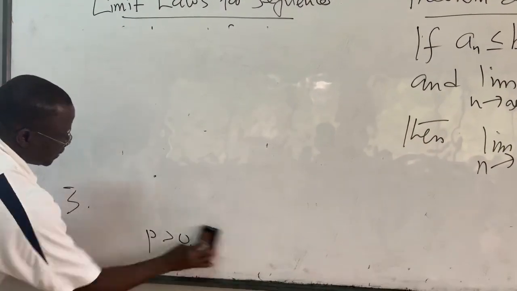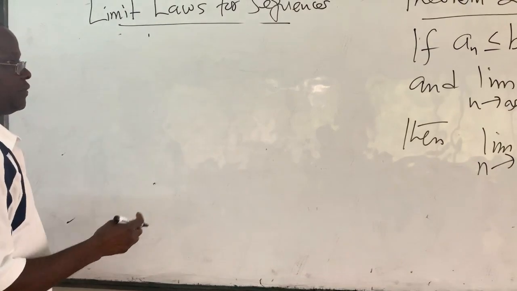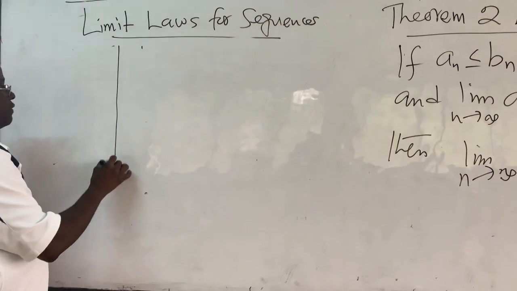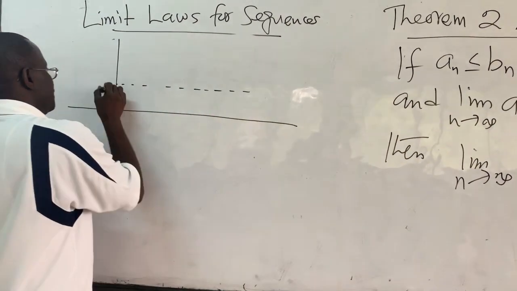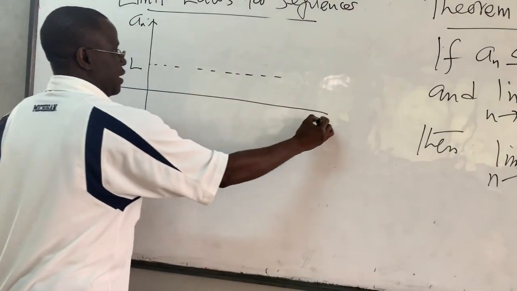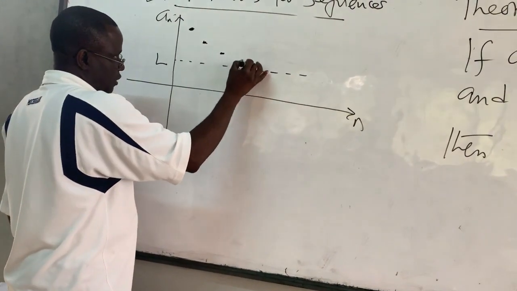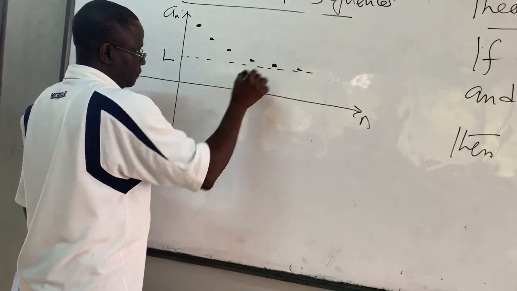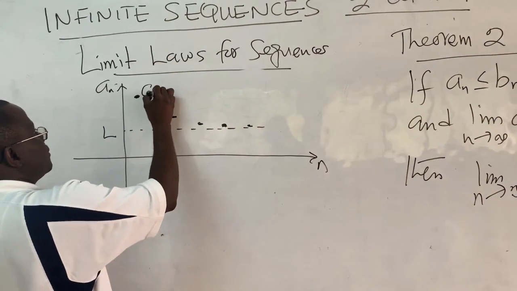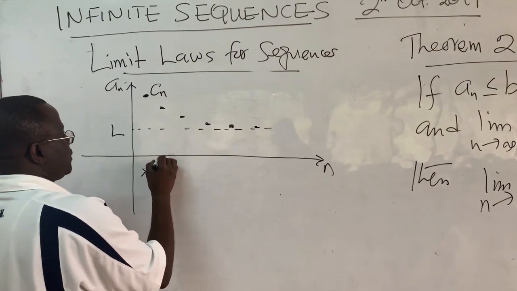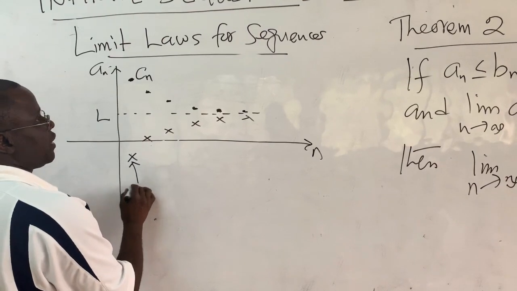So the squeeze theorem basically says that, similar to the squeeze theorem that you saw in Calculus 1, if I have a sequence approaching L, and another sequence, let's call this one Cn, also approaching L, let's call this sequence An.